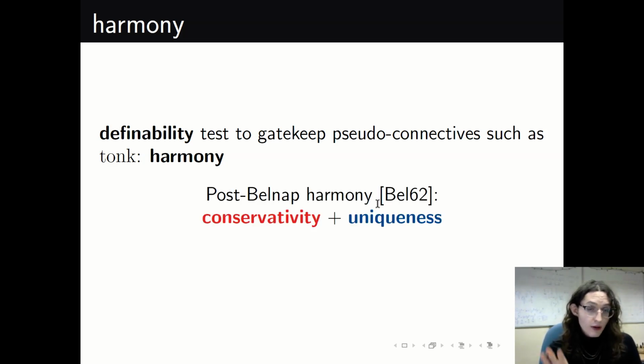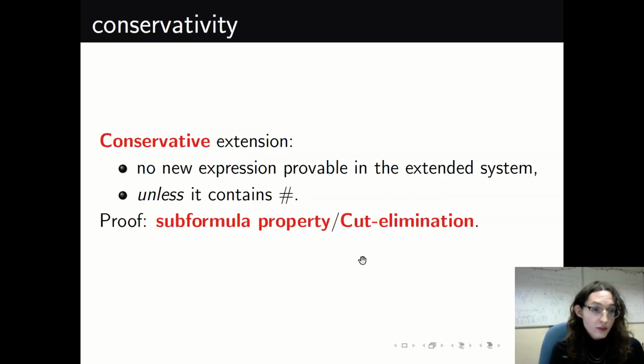Now in this talk, we will be employing a notion of harmony that traces back to Emil Post and Noel Belknap, which consists of conservativity and uniqueness. So it will require our connectives, if added to a derivability relation, to result in a conservative and unique extension of that original derivability relation. We'll see both criteria in more detail later on.